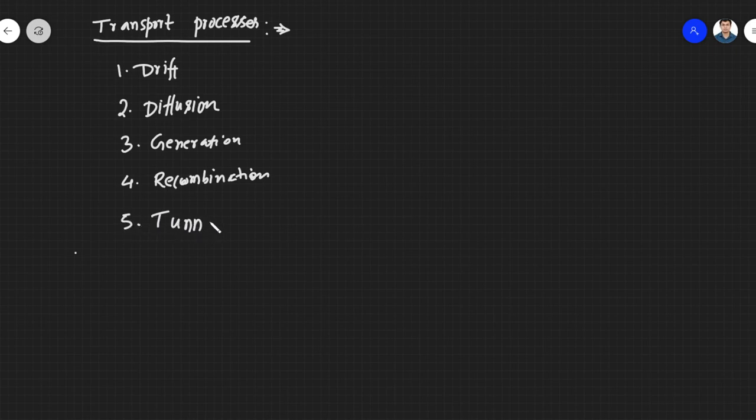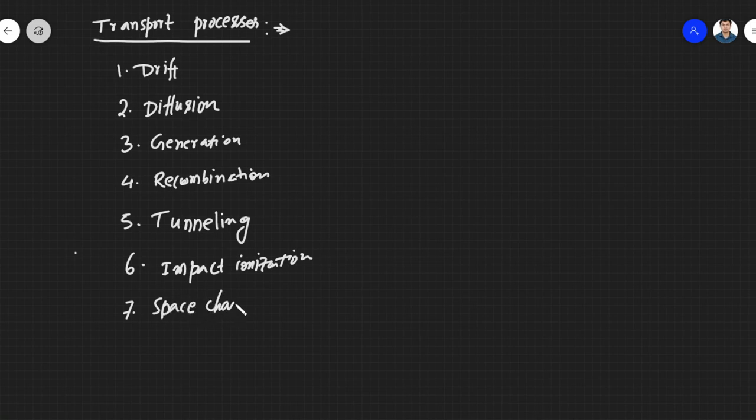Tunneling, like we have studied in the tunneling diode, right? This tunneling effect also takes part in carrier transport. Then we have impact ionization, like in the avalanche photodiode, which we'll learn later on. And one important thing I forgot, space charge. Space charge also has a lot of impact on this transport phenomenon.